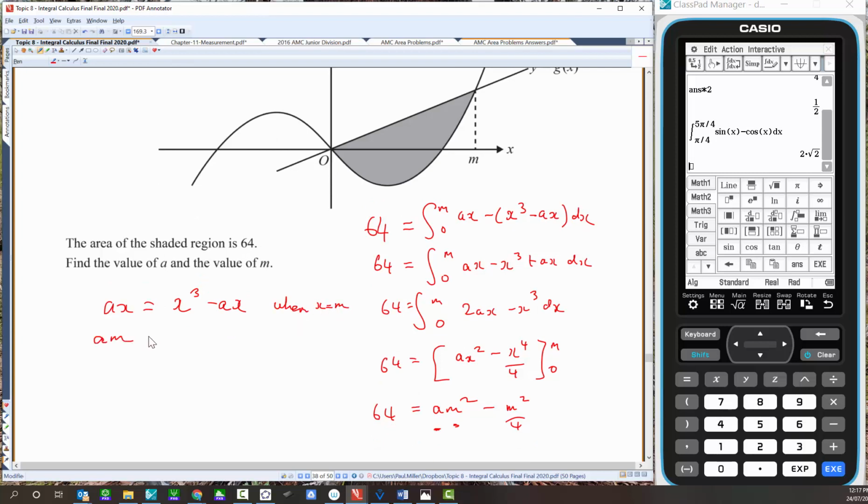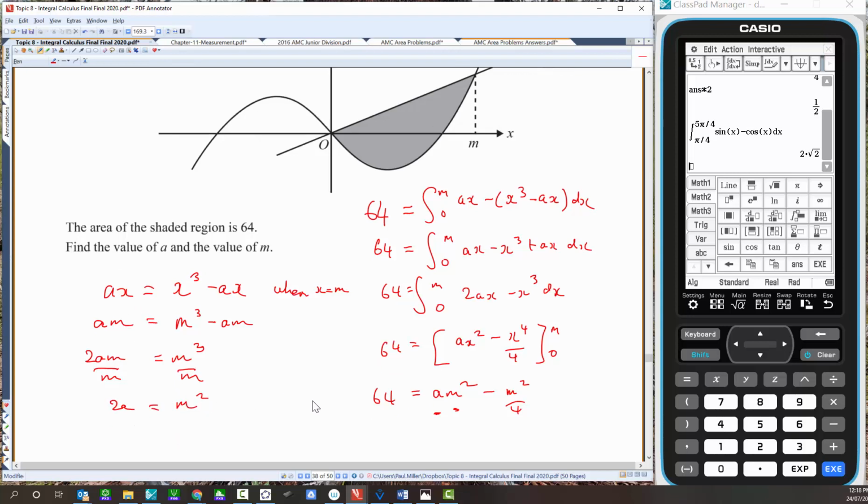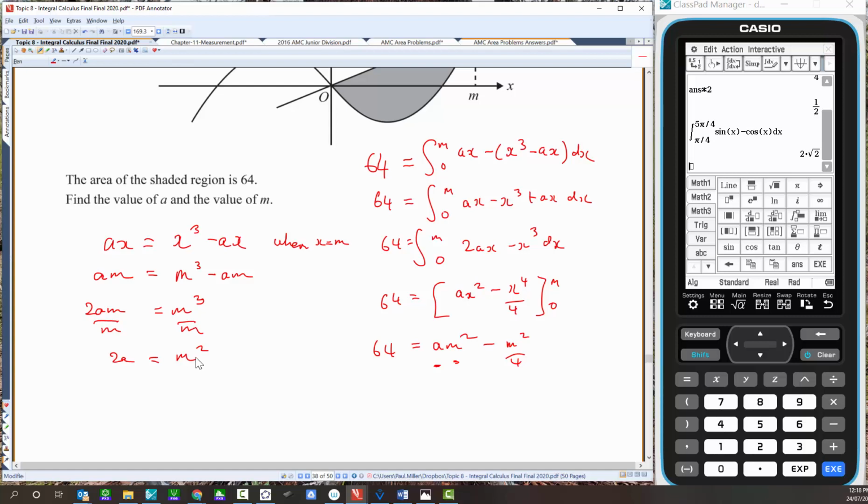So let's write that as am equals m to the 3 take am. All right, now we'll go 2am equals m to the 3, divide by m, got 2a equals m squared. And I'm going to let a be the subject. A is equal to m squared on 2.